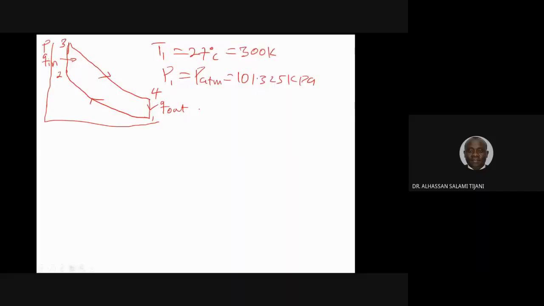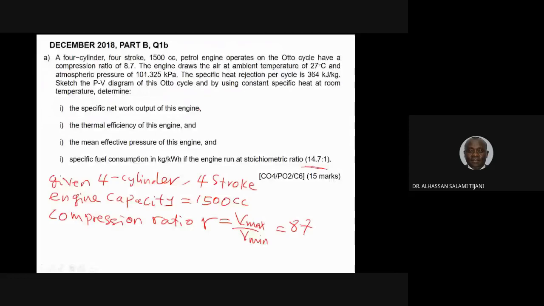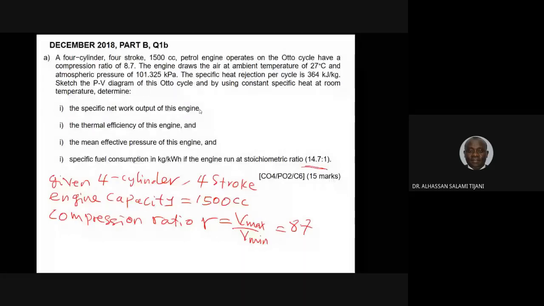Now we are told that heat is rejected. Let's look at the question again. So the specific heat rejection per cycle is 364 kilojoules per kilogram, and we have to account for this as well.